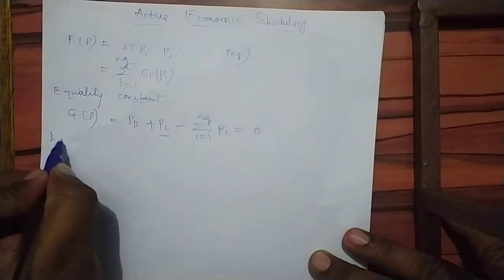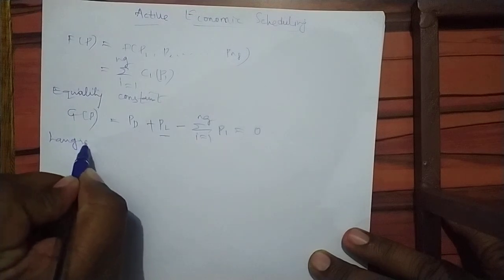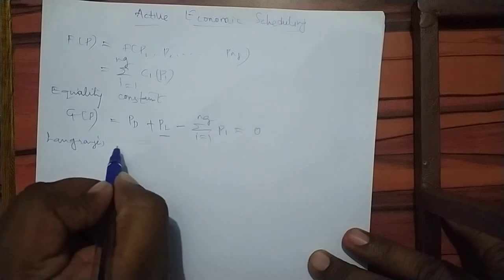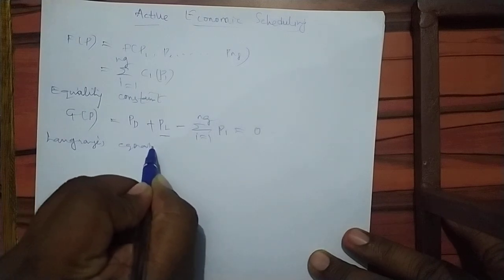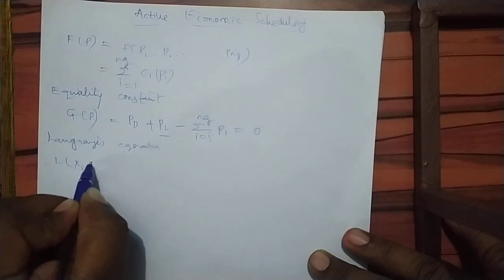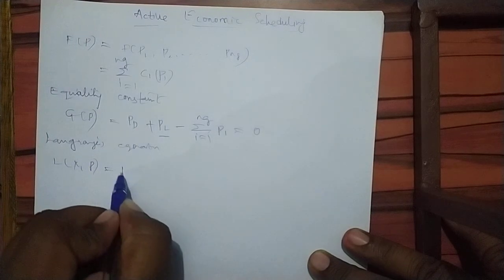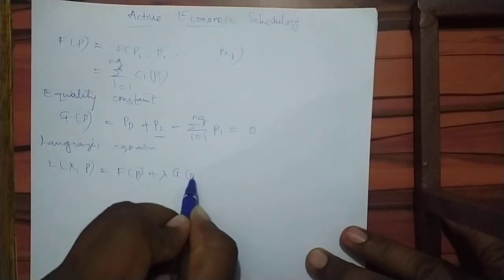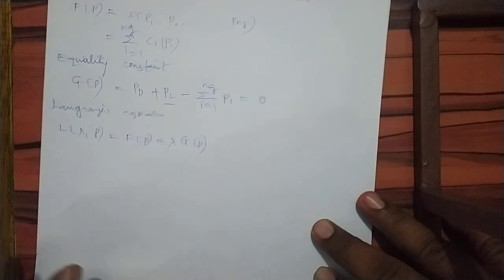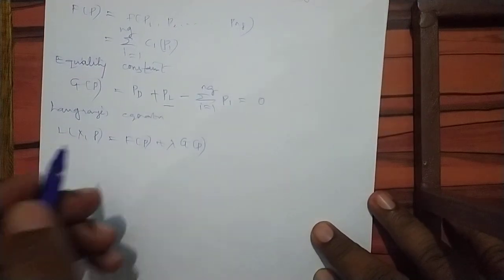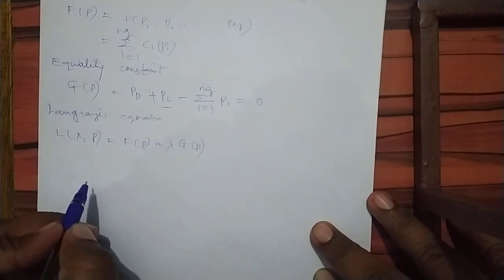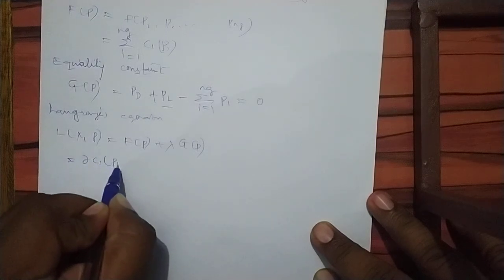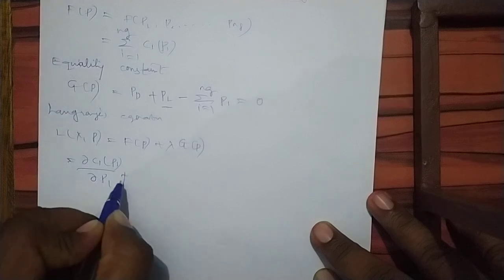We know the Lagrange's equation. I will write that: L of P and lambda is F of P plus lambda G of P. So F of P is the summation of Ci of Pi, plus lambda.